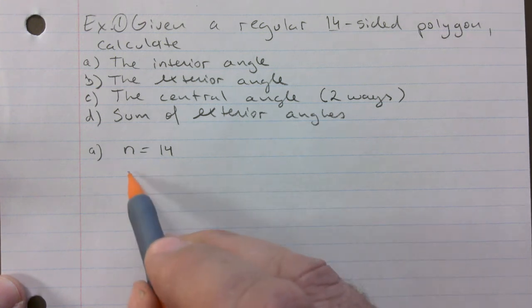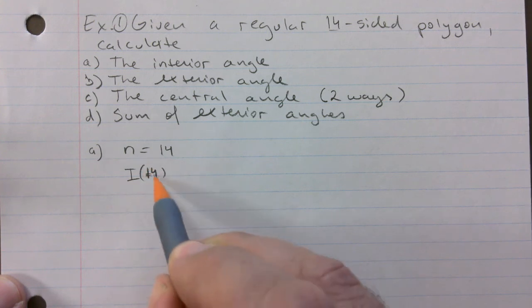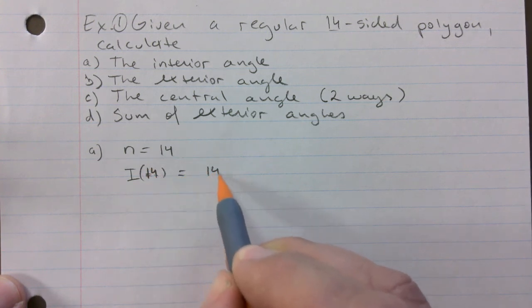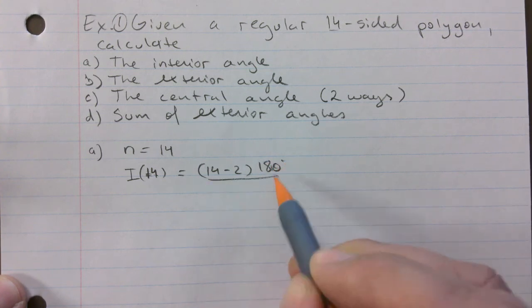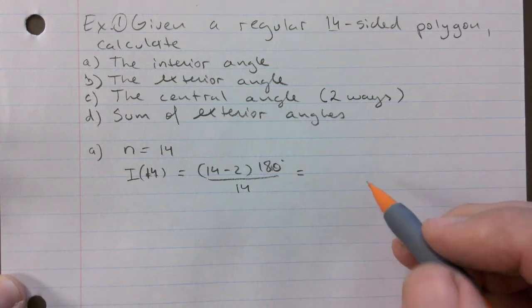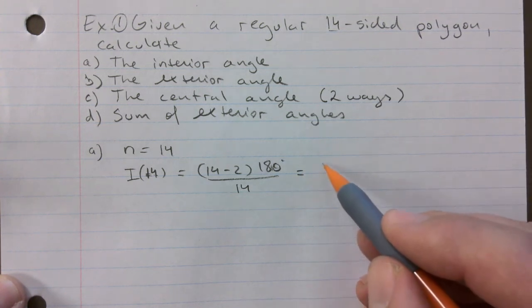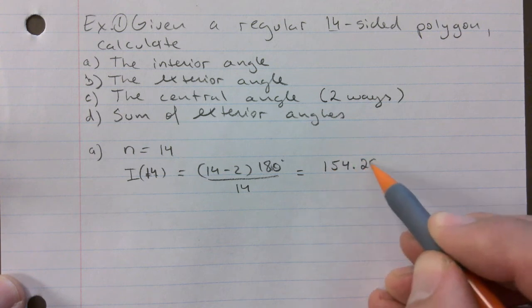So for A, I will just use that formula. If you plug in 14, it's 14 minus 2 times 180 divided by 14. And that ends up being 154.29 degrees.